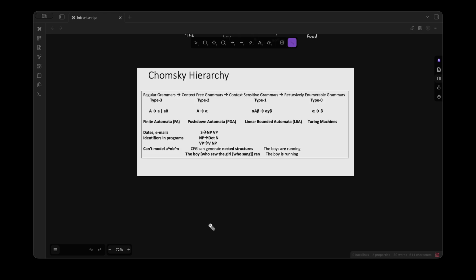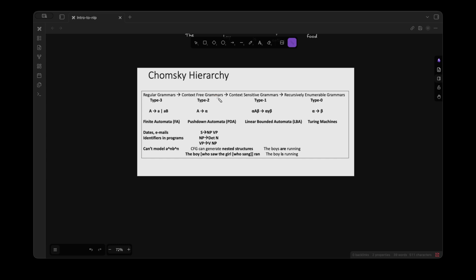So right now we're going to talk about the Chomsky hierarchy. I'm not going to talk a lot about all these things, but the thing we have to know is that finite automata can be used as an identifier, but it does not have a memory. That is the reason we use pushdown automata or context free grammars.